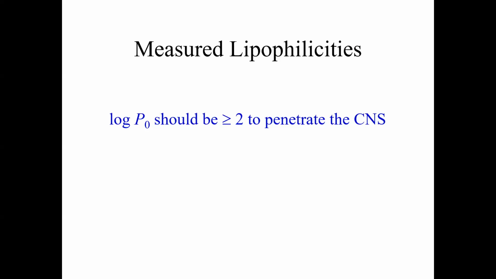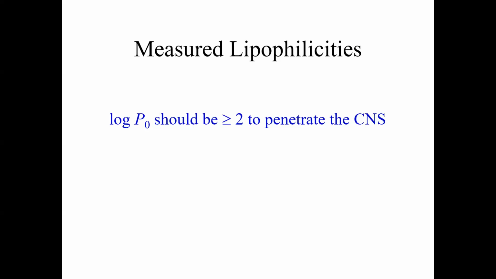If you want a drug not to work on the CNS, like for instance cardiovascular drugs, then there's no reason for you to design a compound with a log P of more than 2. Because a compound with a log P of more than 2 will lead to an increase in CNS penetration, and it may lead to an increase in CNS side effects if you have a cardiovascular drug, and that would not be a good thing.